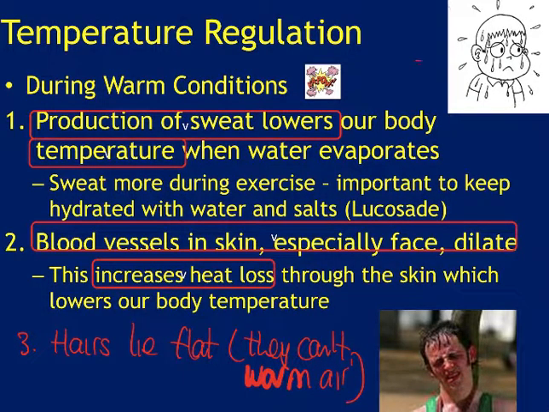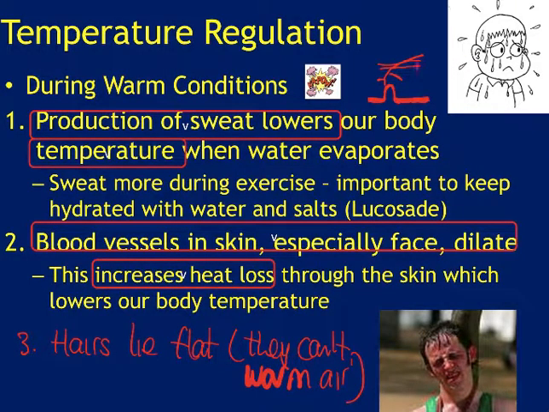So if we were to do our diagram again, this is now our epidermis. The hair is flat, so the erector muscle is here. This is our little hair follicle, and actually now if we were drawing our blood vessels, we would be drawing them way, way bigger, because we now want them to lose their heat.